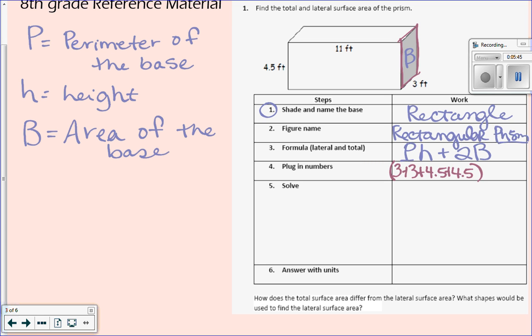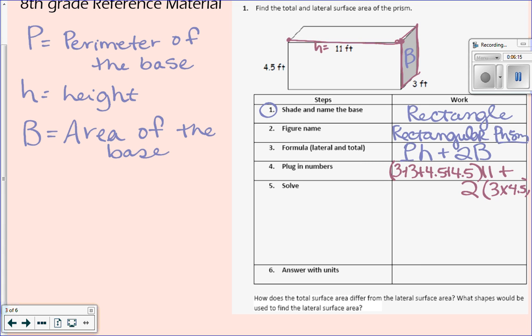And then height. We didn't label our height. What's our height? It's 11. Remember, it connects your 2 bases. Times 11. Plus 2 times the area of the base, which is 3 times 4.5. Are we good with that?